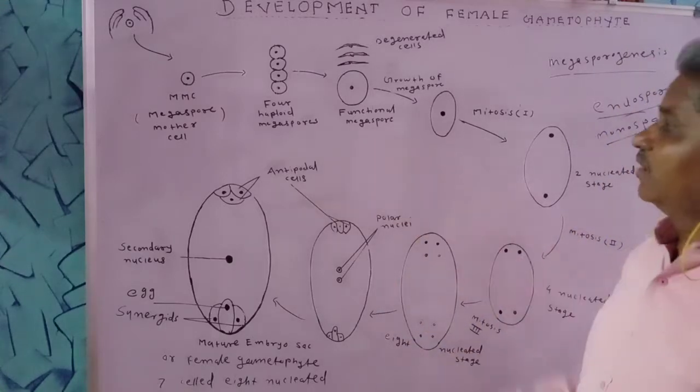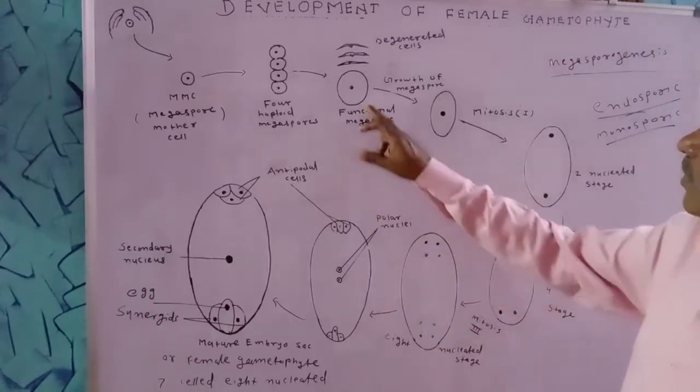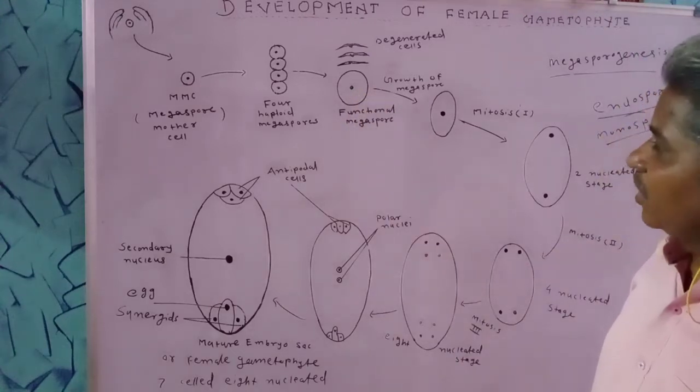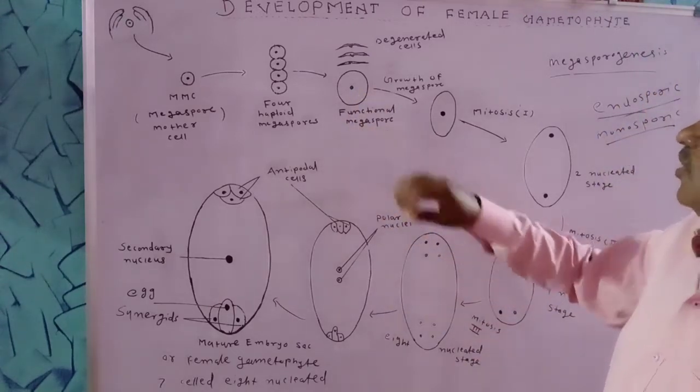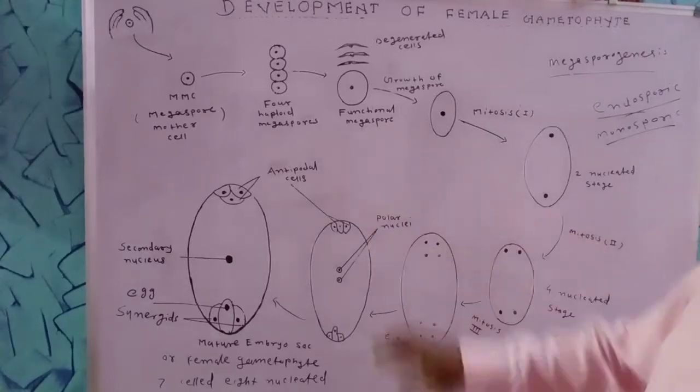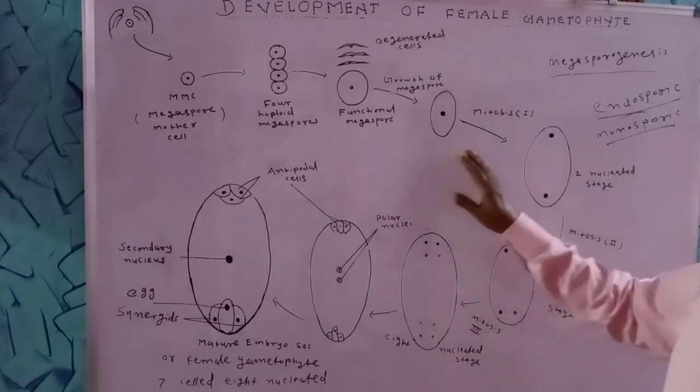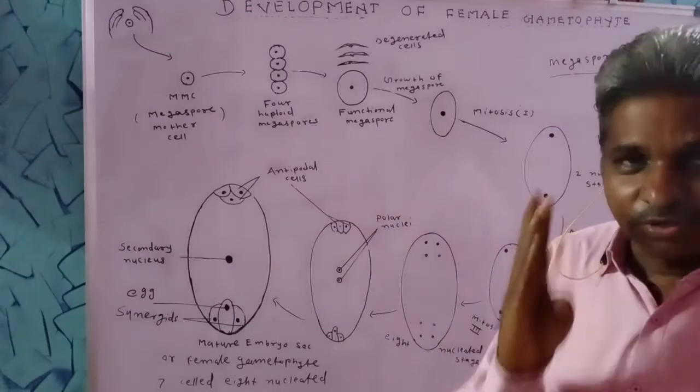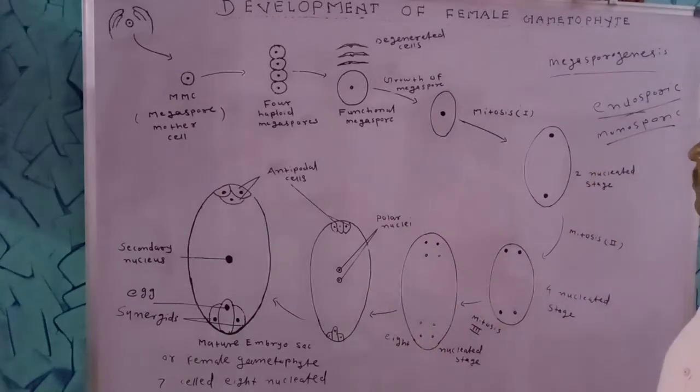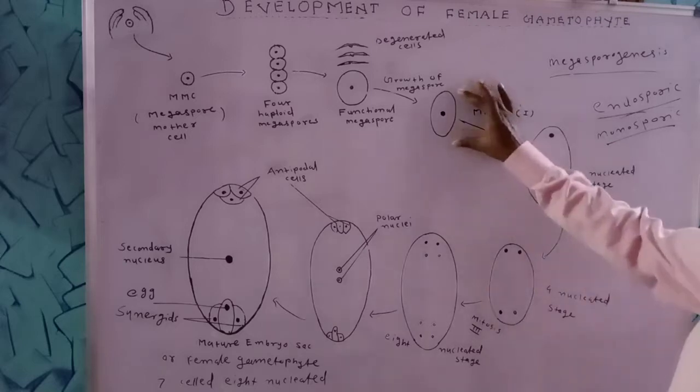Now this functional megaspore has a haploid nucleus, and it undergoes three successive mitotic divisions. Meanwhile, this functional megaspore becomes large.